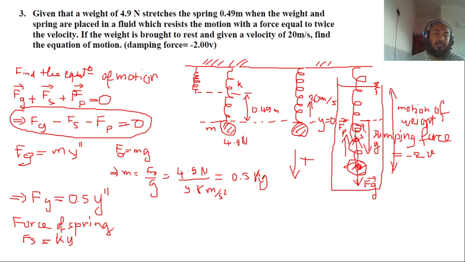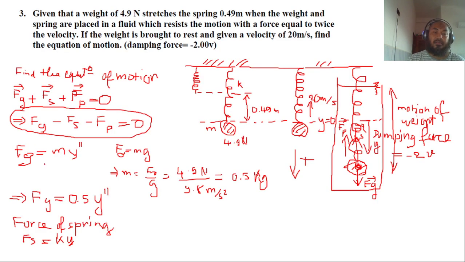So what is K? K is the constant of the spring. Meaning it is equal to the constant of the spring multiplied with the distance.